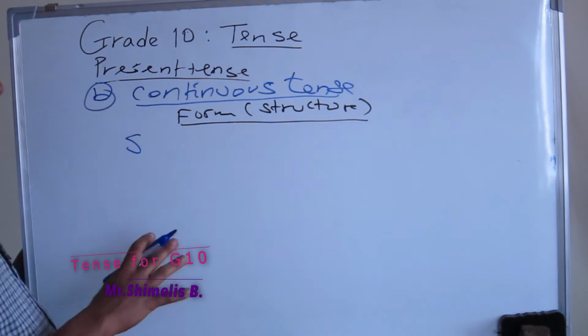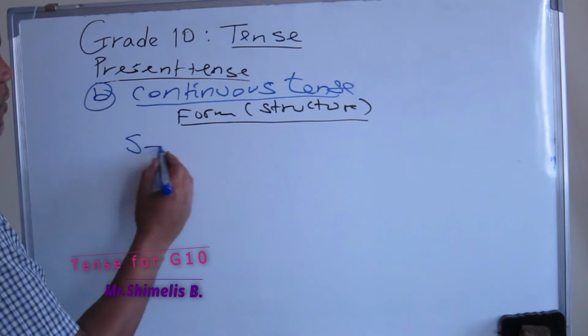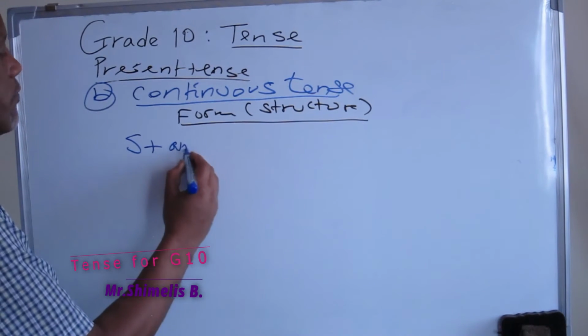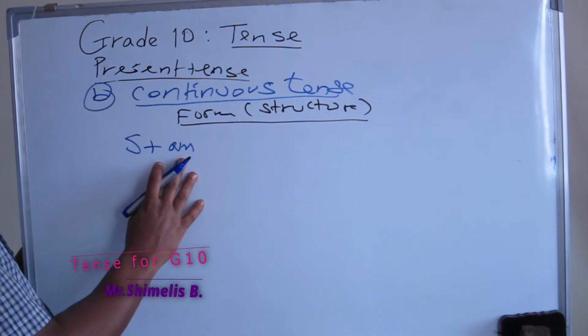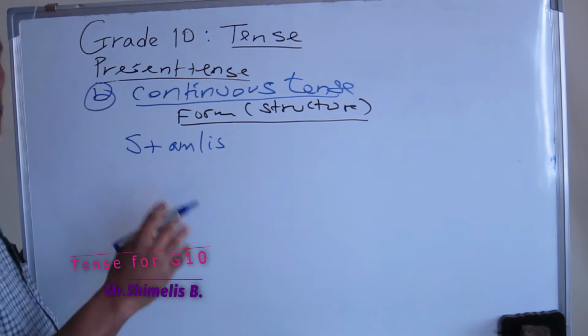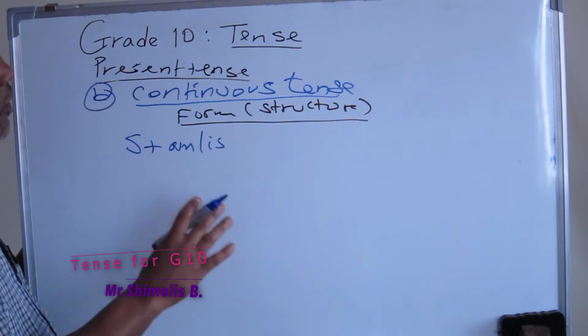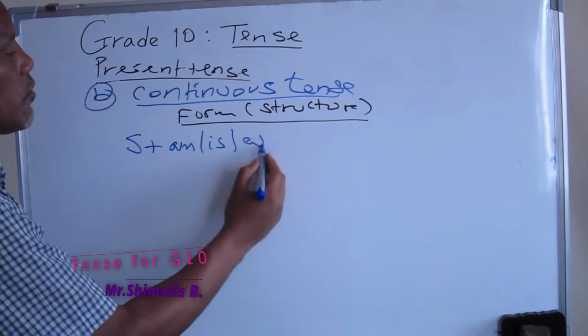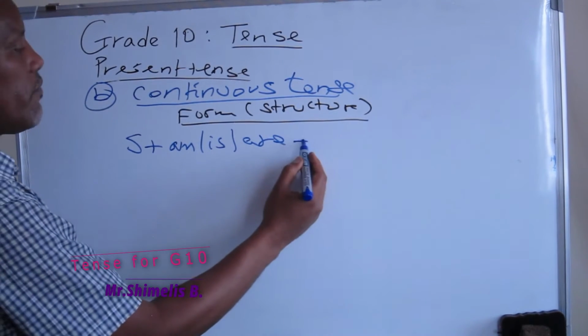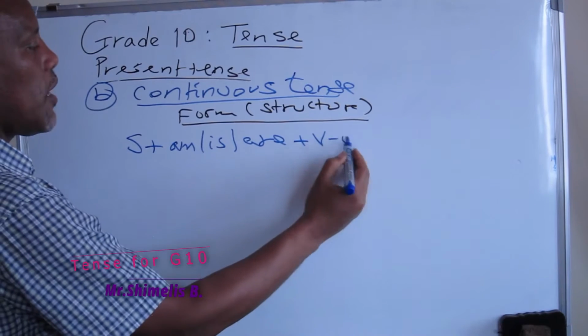Because it is continuous tense, this time it will have the auxiliary verb to be. We use the auxiliary verb to be: am with first person singular I, is with third person singular he, she, it, and are with the rest, the plural pronouns. So the main verb would be in its verb-ing form.